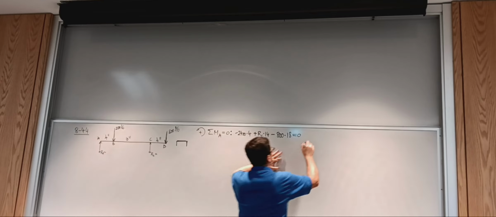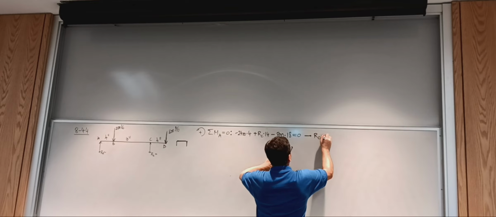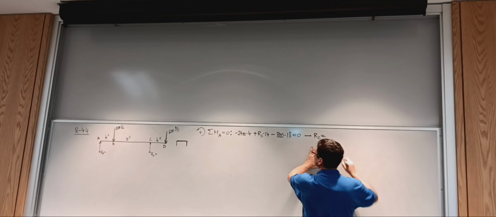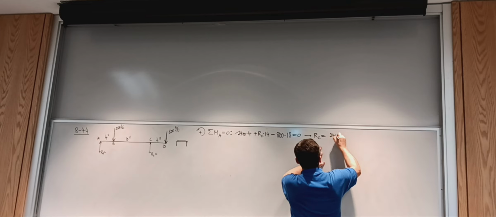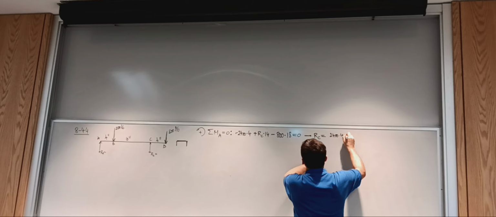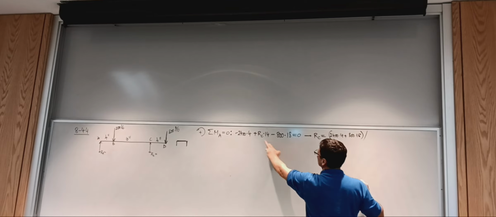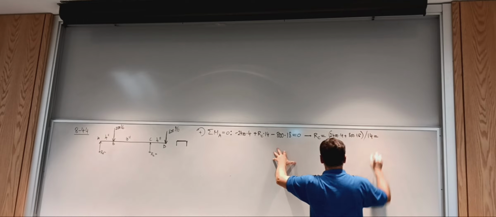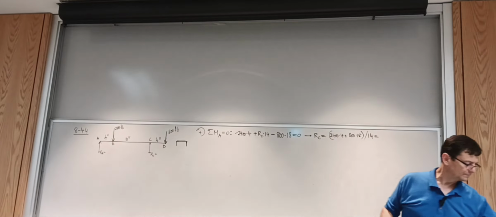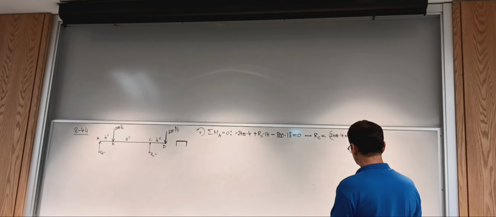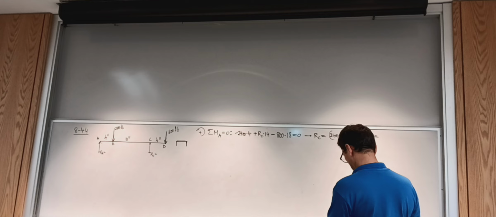RC is going to be 2,500 times 4 plus 800 times 18, over 14.